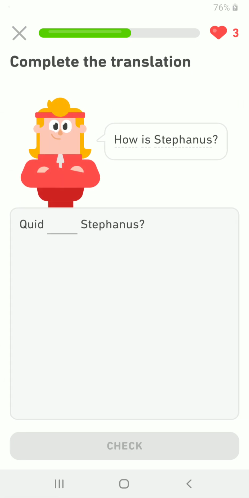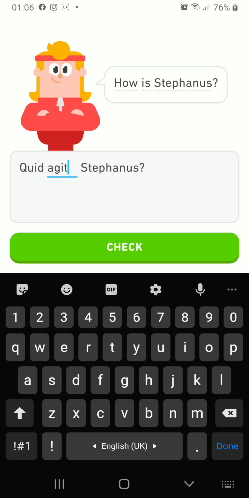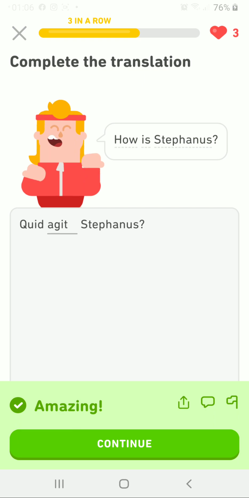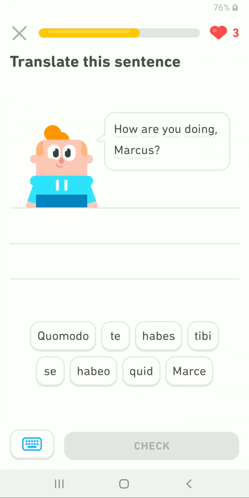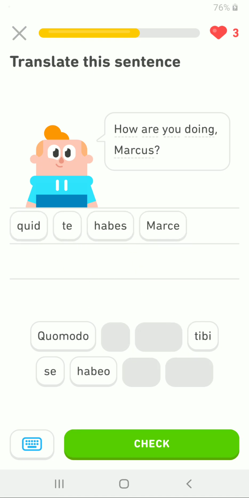How is Stephanos? Quid est? No. Quid agit? How is the? I think it's agit. I remember there was something like that before at the very beginning. So how are you doing, Marcus? Quid habes, Marke?